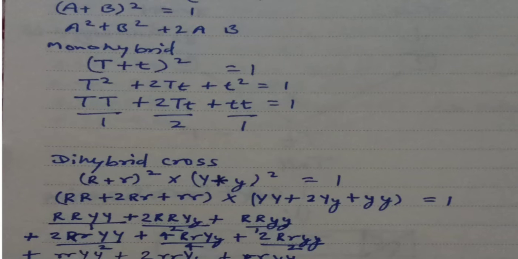For example, when we make the monohybrid cross for length, the F1 generation has capital T small t. When we take the square of (capital T plus small t), the result is capital T capital T plus 2 capital T small t plus small t small t. So the ratio comes like 1 is to 2 is to 1. That is the genotype.